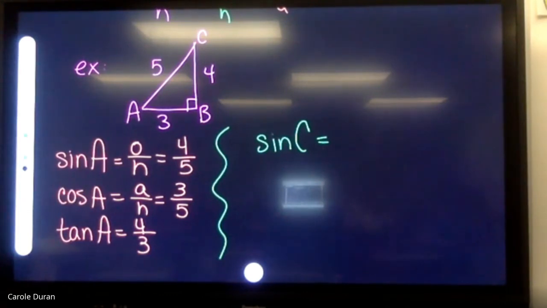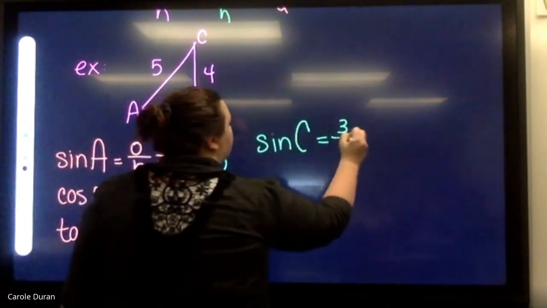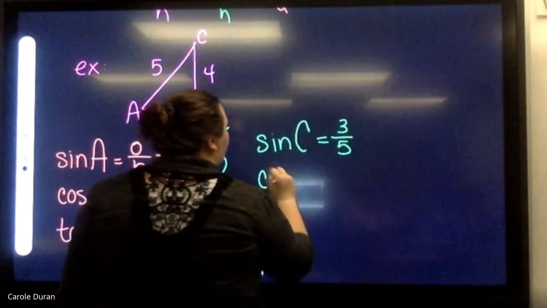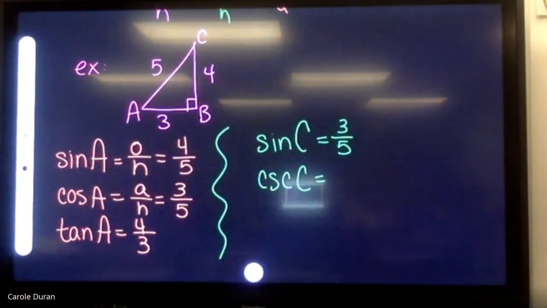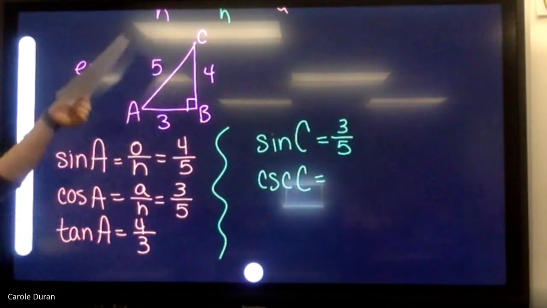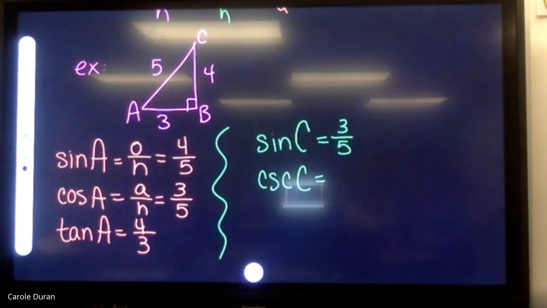It would be 3 over 5, because the side opposite C is 3 and the hypotenuse is 5. What would then be cosecant of angle C? Okay, I didn't do that, so do it now. How do you get it on the calculator? You don't. That's why we're not using the calculator. We will eventually use it, but not right now because we don't need it.